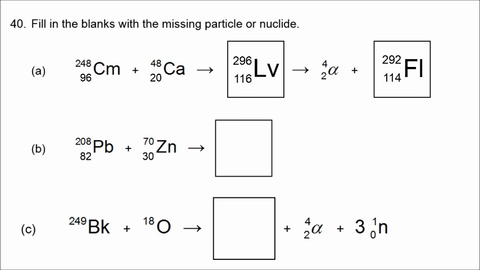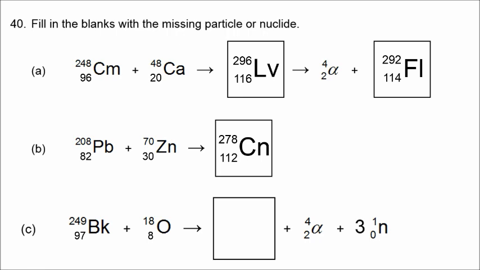So we're looking for a mass number of 278, atomic number 112. This is copernicium, Cn. And then for berkelium and oxygen, the atomic numbers are 97 and 8. We're looking for a mass number of 267, but there's already 4 for the alpha particle and 3 neutrons.